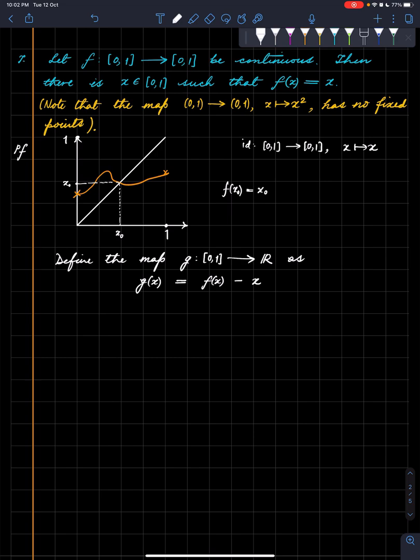Anyway, now if g of 0 is 0, then f of 0 is 0, and hence 0 is a fixed point. Basically, hence we are done.